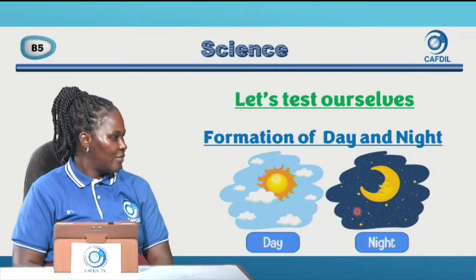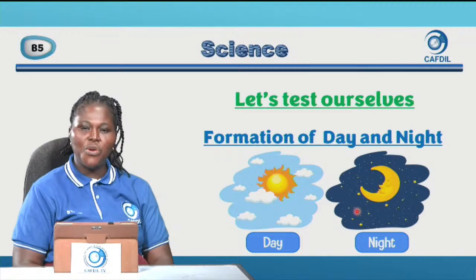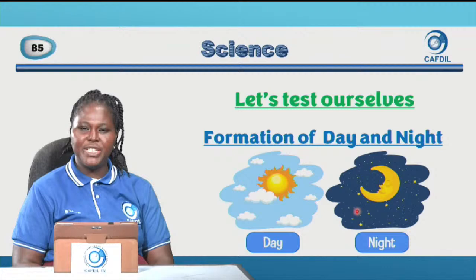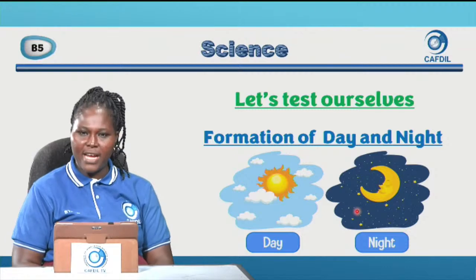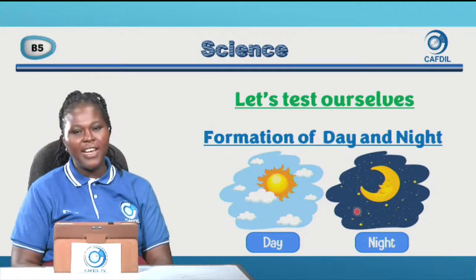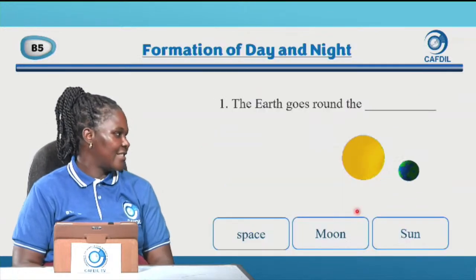Good. And we have looked at activities that are done during the day, activities that can be done during the nights. And we looked at the rotation of the earth. Formation of day and night.